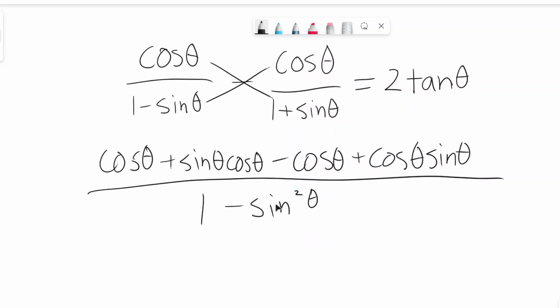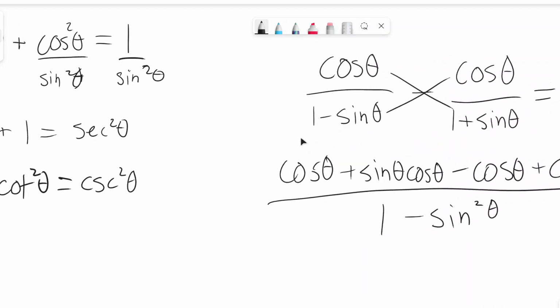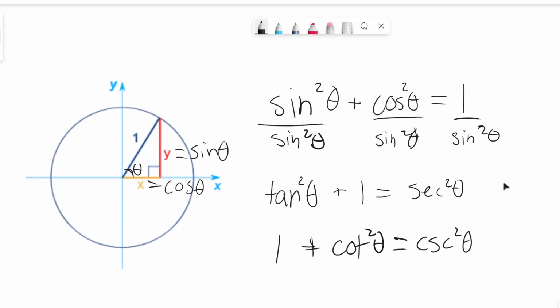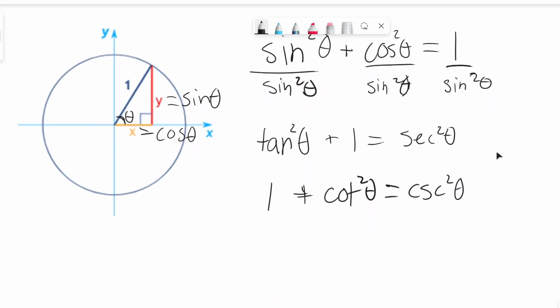Next, what I notice here, and this is where your Pythagorean identities are going to come into play, is a 1 minus sine squared theta. And if we look at the Pythagorean identities we conjured from the unit circle, we'll find that sine squared theta plus cosine squared theta equals 1. Well, that can be rewritten as cosine squared theta equals 1 minus sine squared theta.